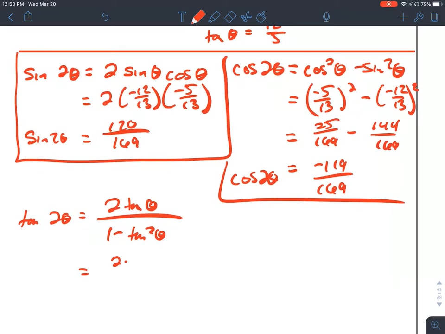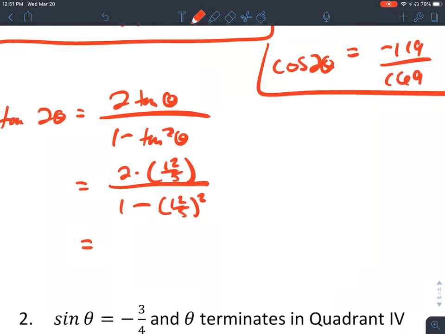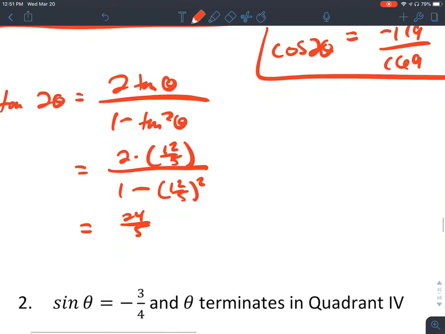So we have 2 times 12/5. And we are dividing that by 1 minus 12/5 squared. 2 times 12/5 is 24/5. If I square 12/5, I'm going to get 144 over 25.